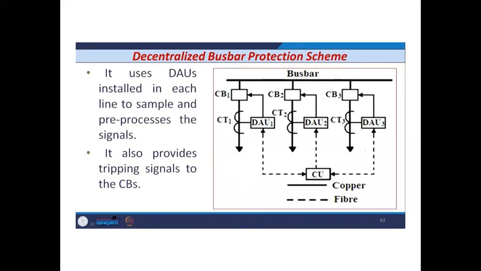In each outgoing feeder, you have a circuit breaker along with a CT, and a data acquisition unit connected across the secondary of the CT. Each data acquisition unit acquires the data and also gives the signal to the circuit breaker.